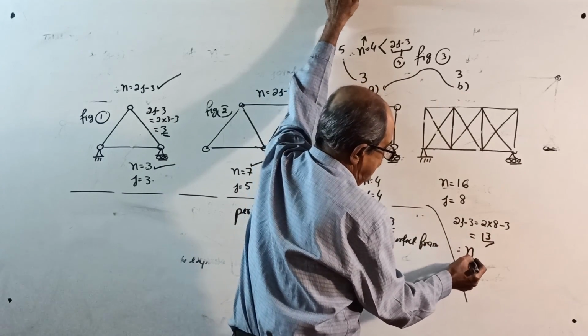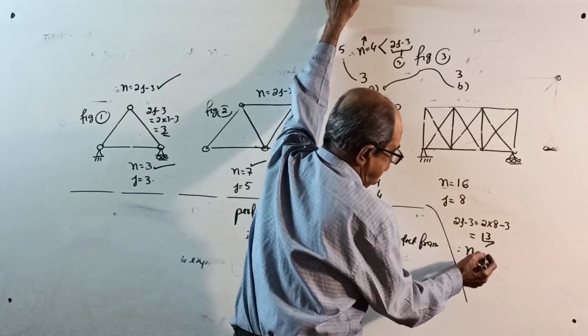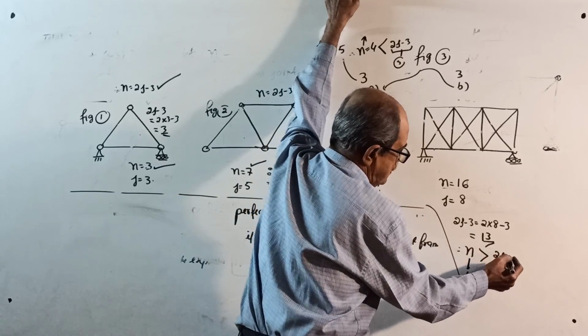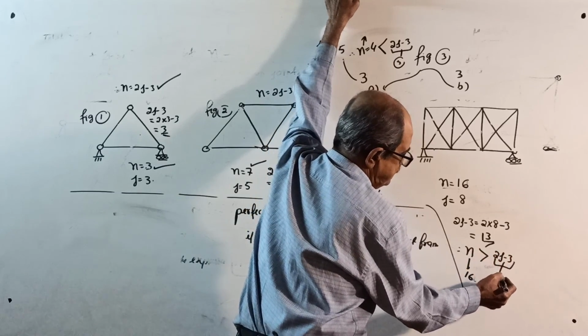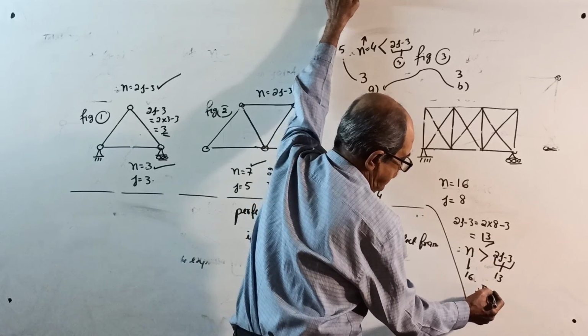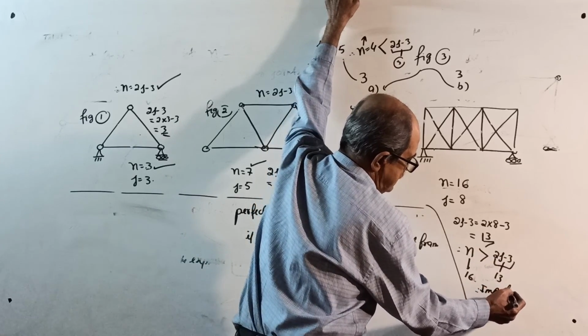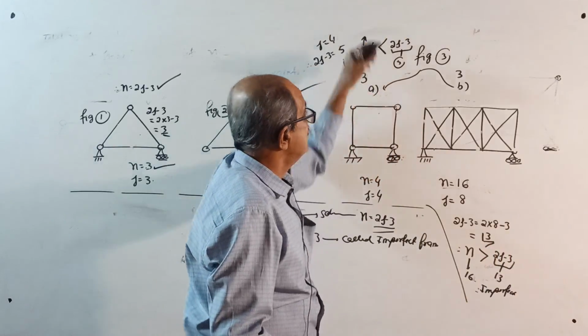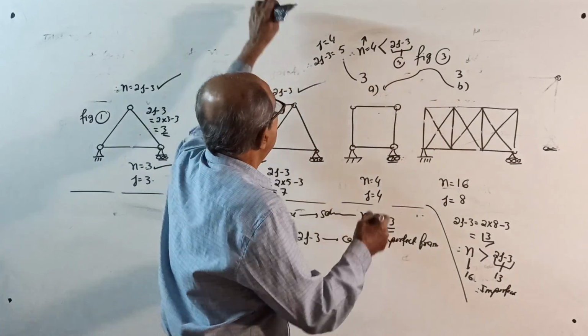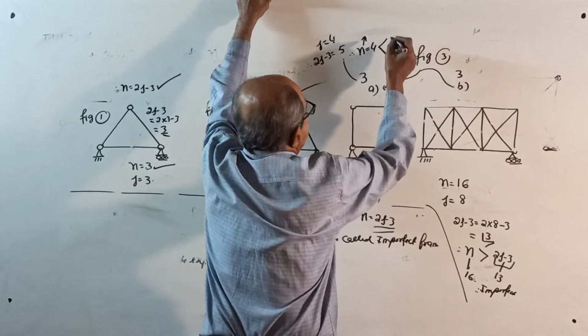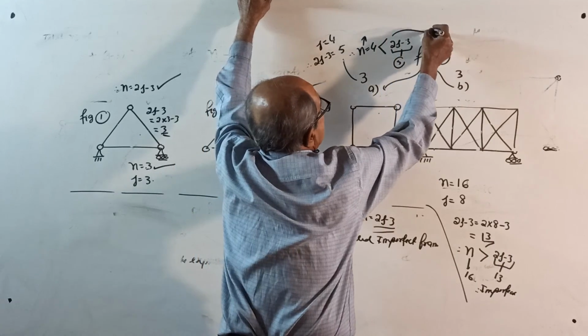Therefore, here n, which is 16, is more than 2j minus 3, which is 13. Therefore, this is also imperfect.